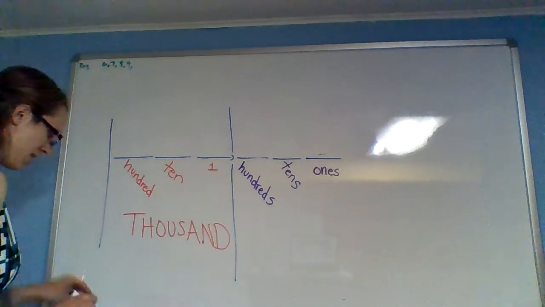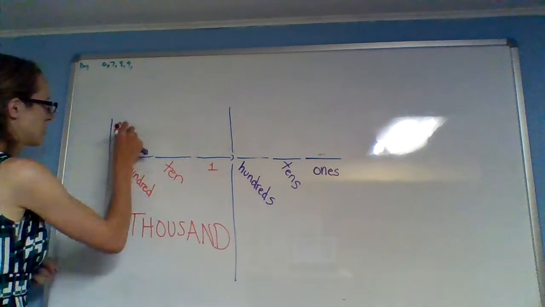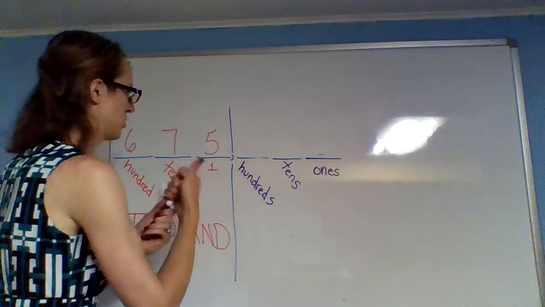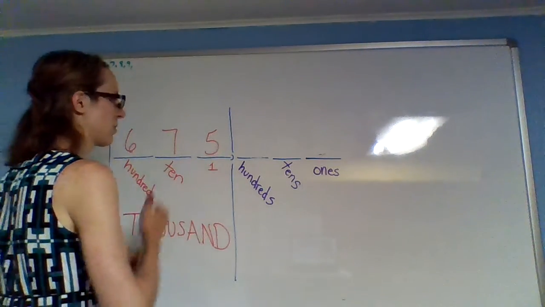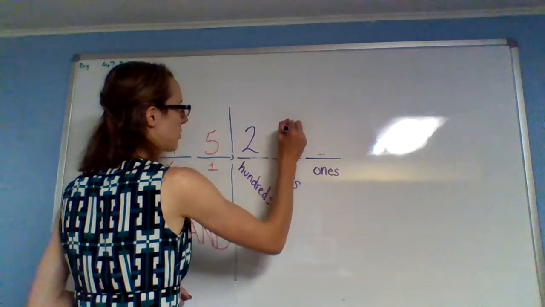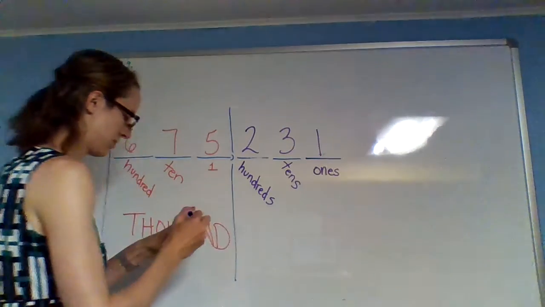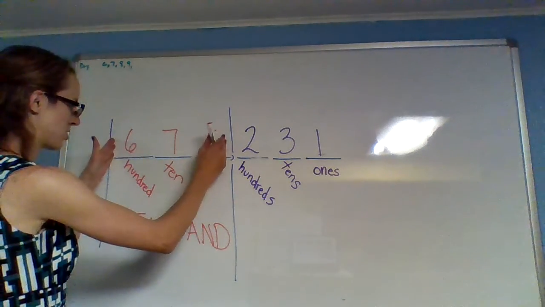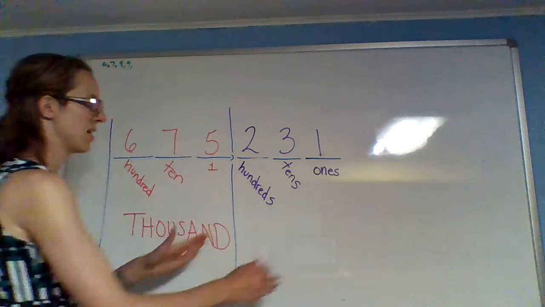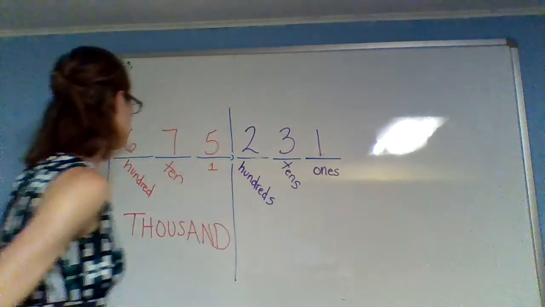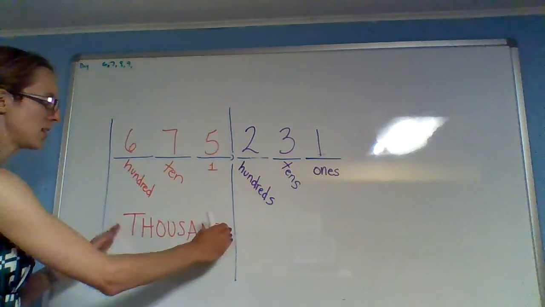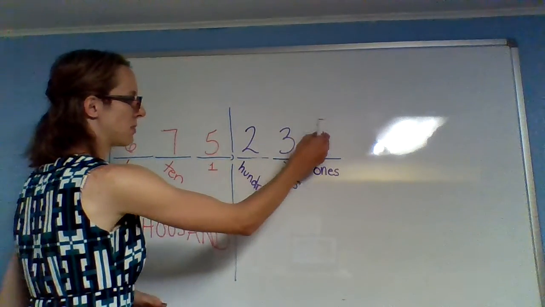If I mix up my numbers, let me put some different ones in here. Maybe I have 6, 7, 5, 2, 3, 1. Again, I'm just going to read the number in this chunk and then say 1,000, and then I'm going to read the number in this chunk. So 675,231.